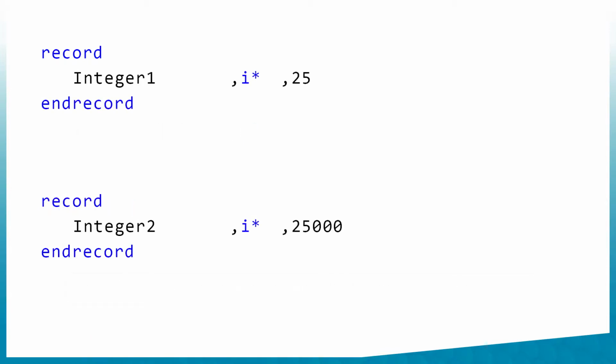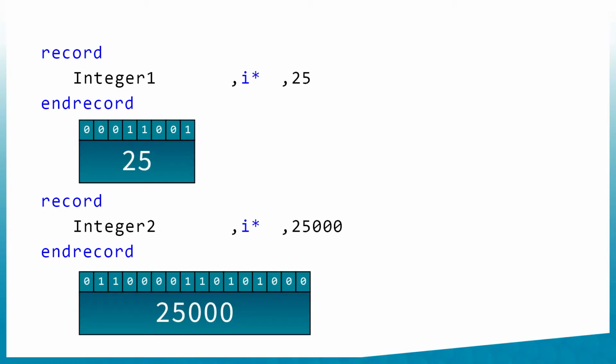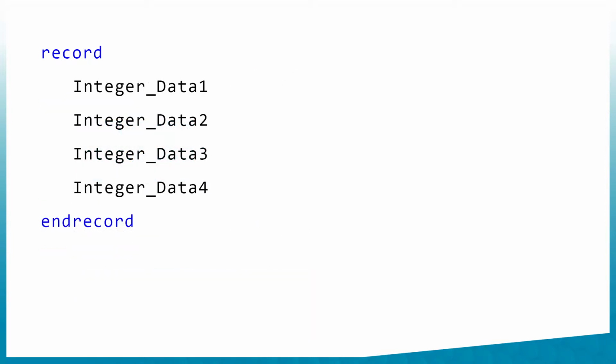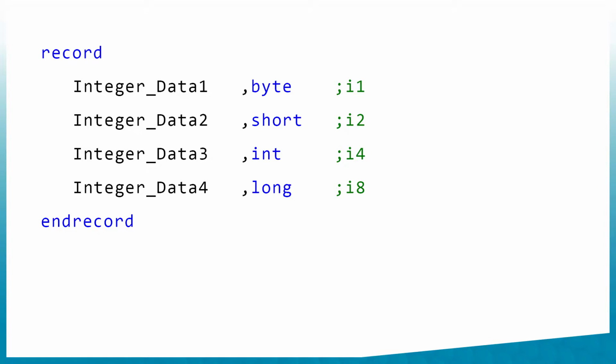Alternatively, you can define an integer as an I star and provide an initial value. The compiler will create a field with enough bytes to hold that value. In traditional Synergy, you can also define an integer using a keyword: byte or sbyte, short, int, or long, which maps to I1, I2, I4, and I8 respectively.